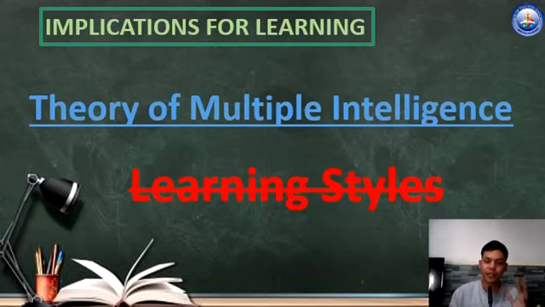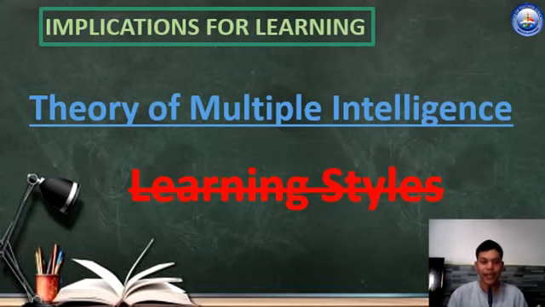And a common misconception about the theory of multiple intelligences is that it is synonymous with learning styles. So Gardner states that learning styles refer to the way an individual is most comfortable approaching a range of tasks and materials.